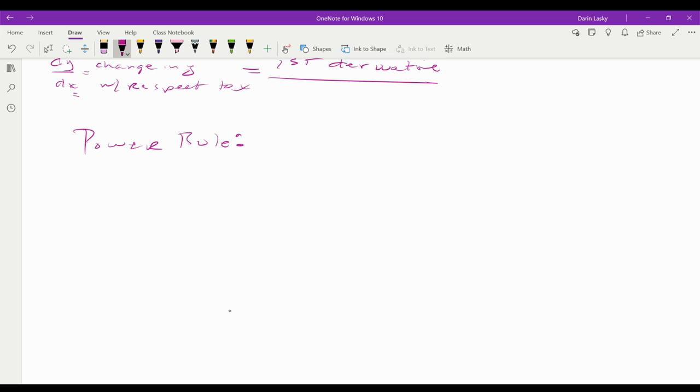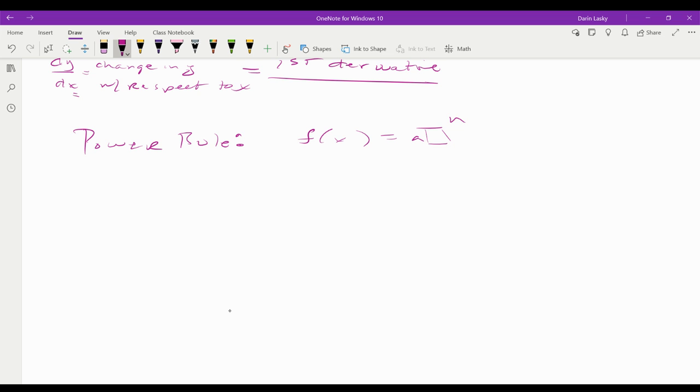So if we have f of x, let's just call it f of x of anything, it doesn't matter, to whatever power n, and we'll call this coefficient a in front. So we have a, the coefficient in front, and any type of function, and then its power right here.